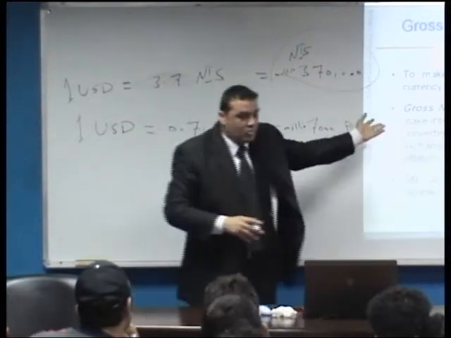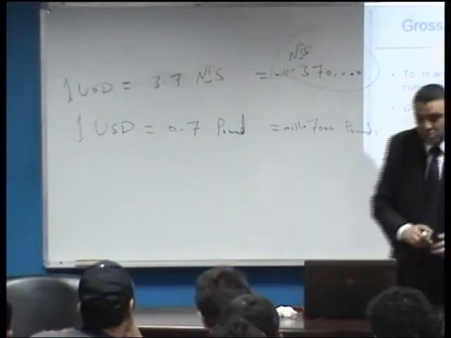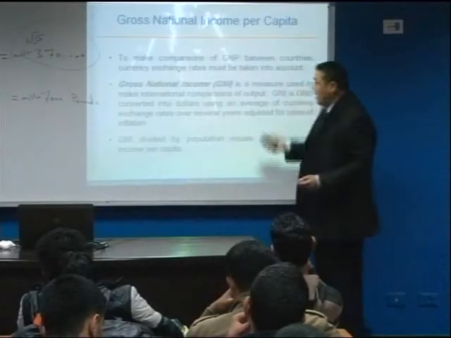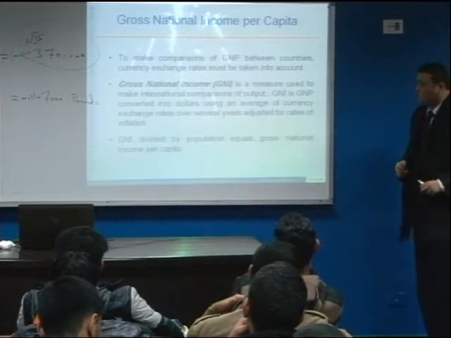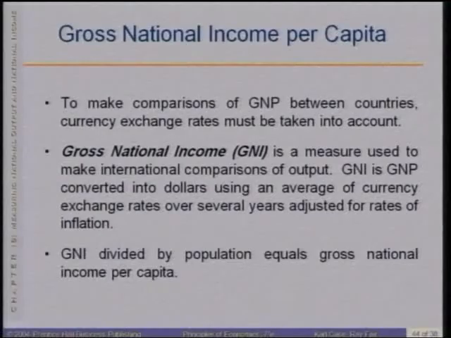So let's come back to the definition of the gross national income. As you see, to make a comparison of GNP between countries, the currency exchange rate must be taken into account.